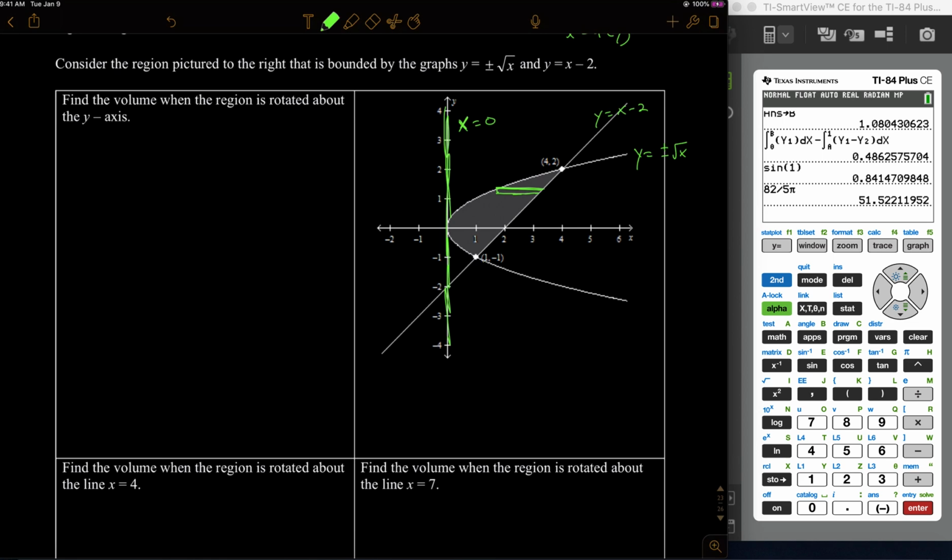If I rotate my slice here, it's definitely going to be a washer, because there's going to be that hole in the middle, right? So we're doing washers again. I'll just show a slice.